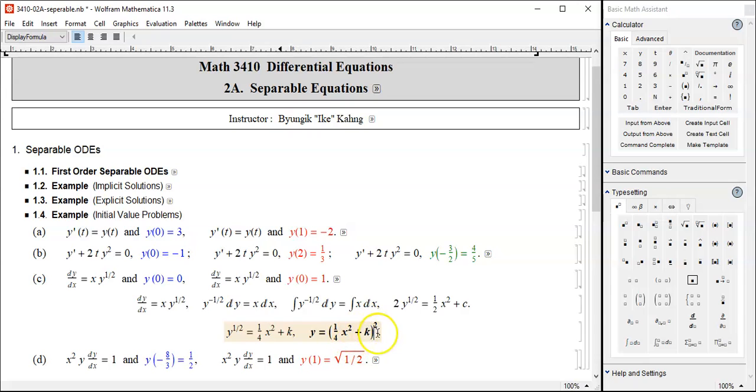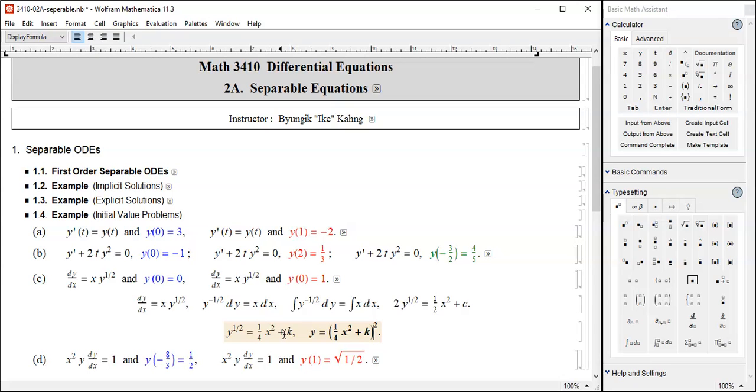Now, how do you determine k is going to be the problem. And k will not turn out to be arbitrary, as a matter of fact. You see, we have the square root of y here, so that's always positive. So if k is too small, then this whole thing may become negative and we may have a bit of trouble.